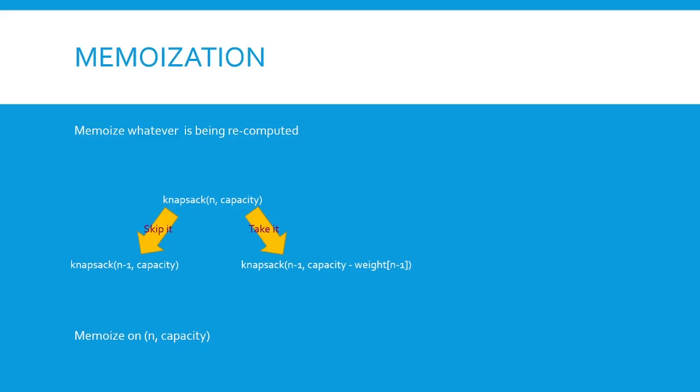In that case, you are recalculating some steps over and over again, and that's why you are getting the exponential time complexity. Now, to reduce that, if you can memoize on n comma capacity, which is the DP state, you can improve your solution, and that's how you can memoize.